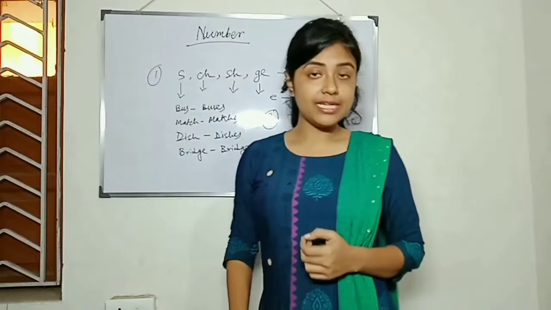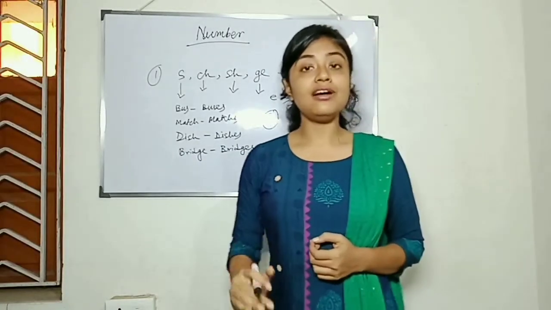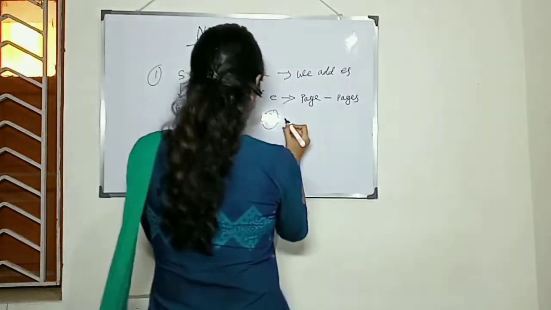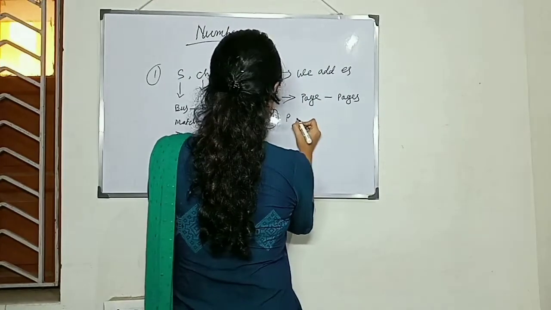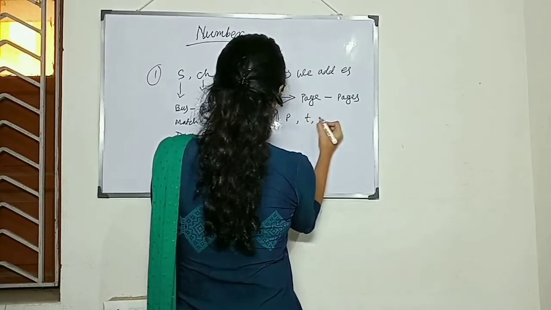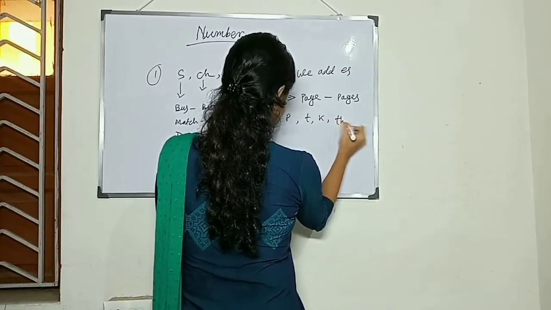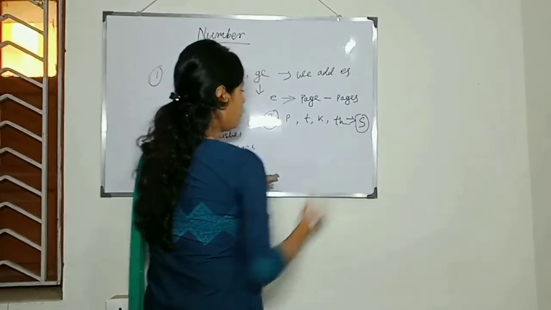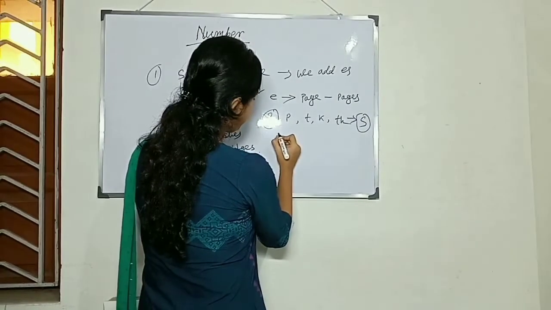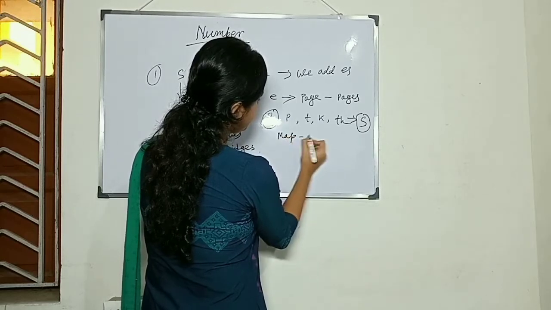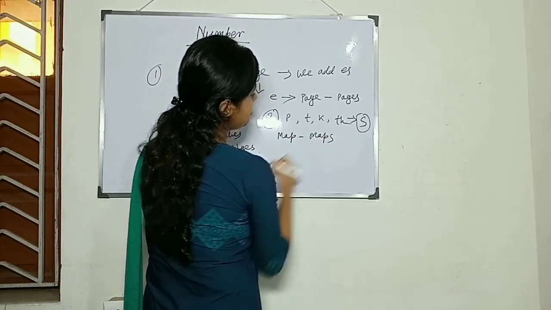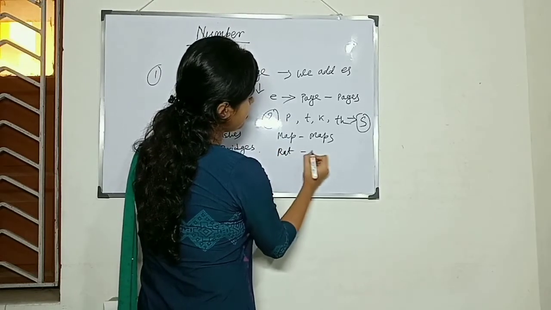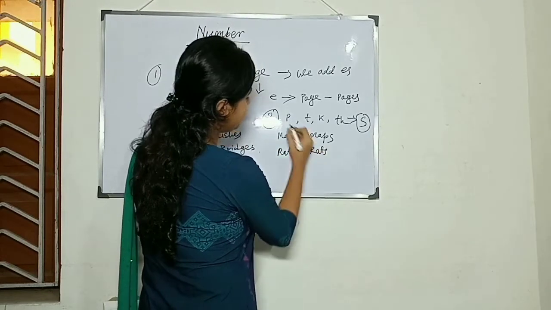Rule number 2 is when a singular ends with the sound made by the letters P, T, K, TH, we add only S. Example, map, maps, rat, rats.